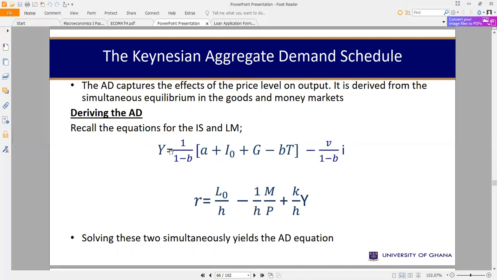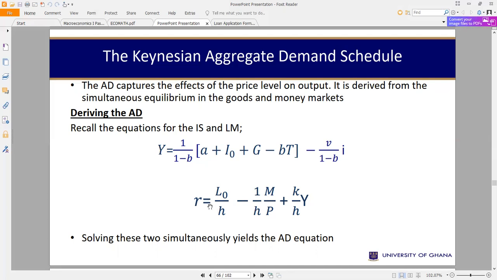So if we are solving for Y and you substitute this LM curve here, this R, into the IS curve, then you realize that income will now be a function of M over P. So income will be a function of price. So whenever there are changes in price, we expect a change in income. I don't know why here they were using I, but it's the same interest rate.